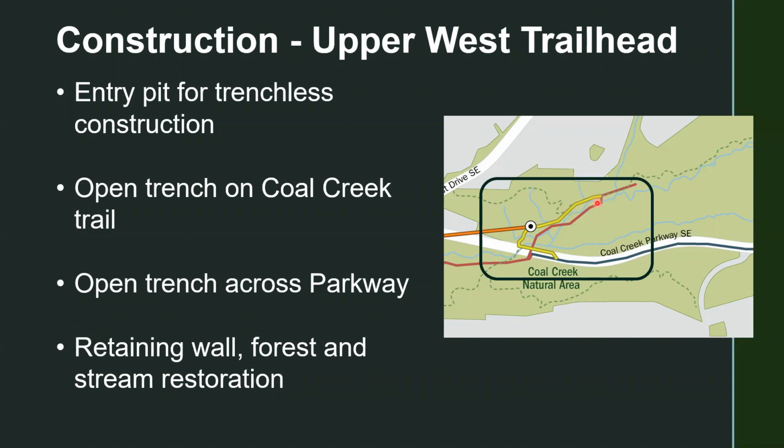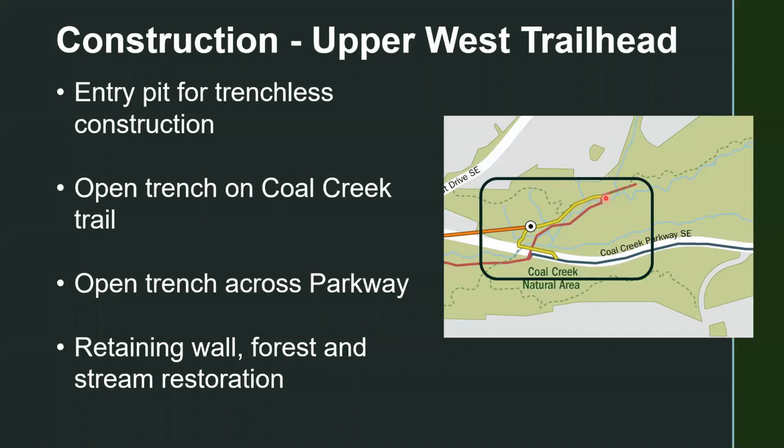The idea is to minimize impact on the natural area here as much as possible. We feel that we can do that with a minimal amount of tree removal because the trail's already there. There will be some disruption where we're putting the retaining wall in. We're also doing some creek restoration work here to improve the creek habitat and to provide some protection for the pipeline and the trail.